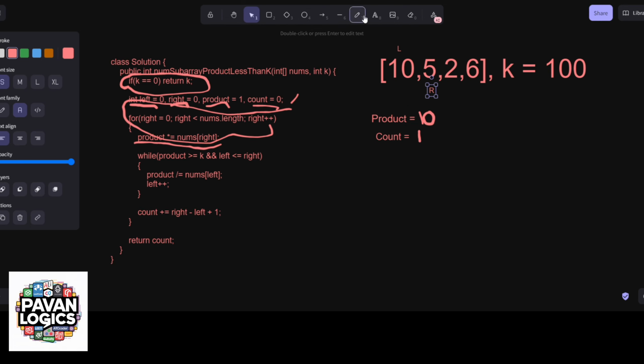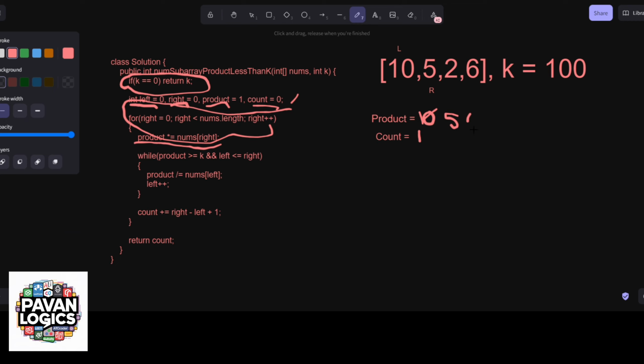So it will be at the first index. Now the product will be 50. Is 50 greater than 100? No. So count will be incremented: 1 minus 0 plus 1 means 2, and 1 plus 2 will be 3.